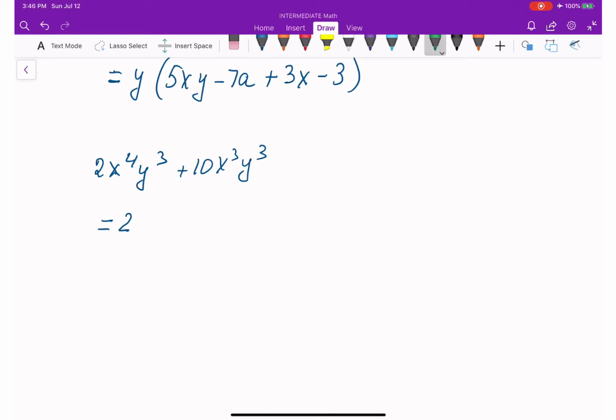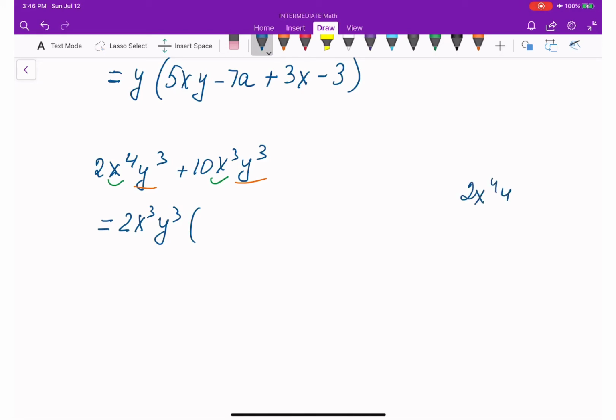Between x^4 and x^3, x^3 is going to be the common factor, right? We take the smallest degree. And between y cubed, obviously y cubed, nothing to choose from. y cubed goes out.